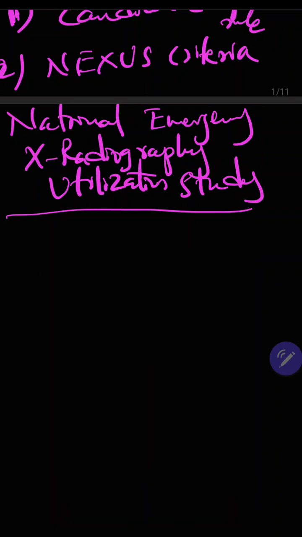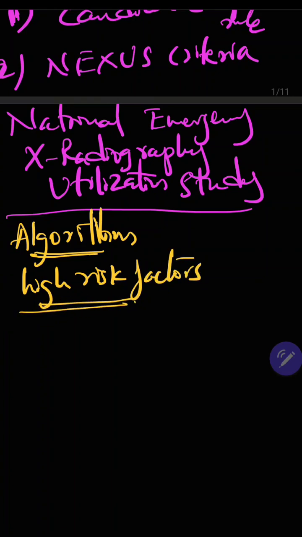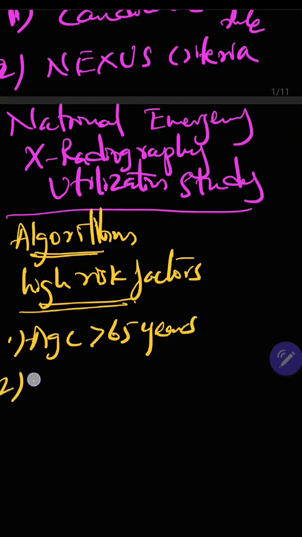So in the Canadian C spine rule, we will follow the algorithm. You have to remember this algorithm. Number one, there are high risk factors. Number one is age more than 65 years.